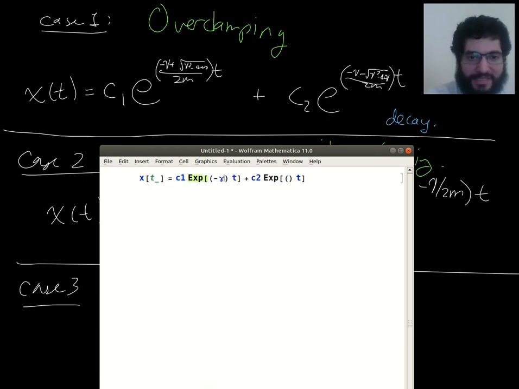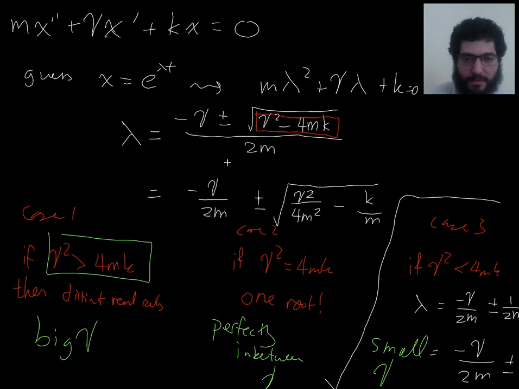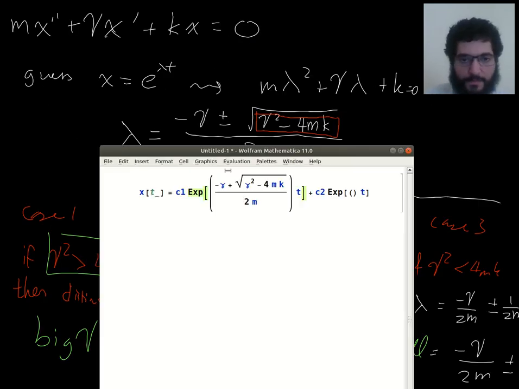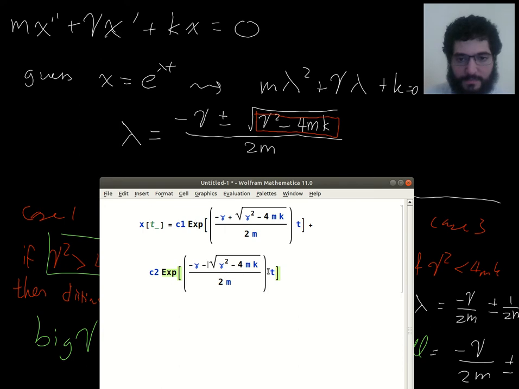So I've got minus gamma plus the square root of gamma squared minus 4mk all over 2m. And my handwriting there is terrible, so let me go back here and make sure it's correct. Okay, and then I can just copy and paste that here with a minus sign.